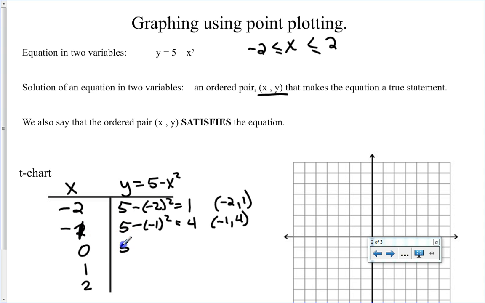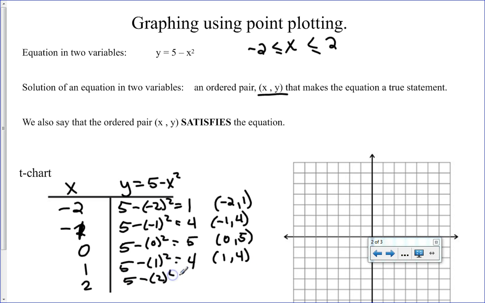Okay, 5 minus 0 squared is just 5. 5 minus 1 squared is 4 again. So we got 0 and 5, 1 and 4, and then 5 minus 2 squared is a 1 again. So it would be 2 and 1.